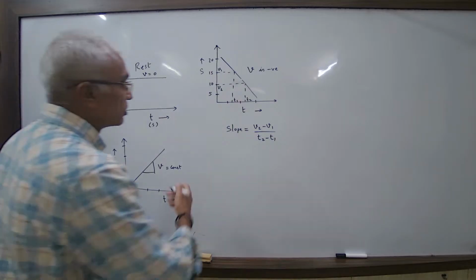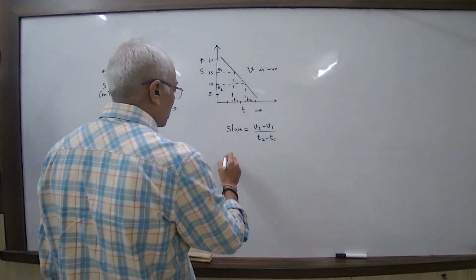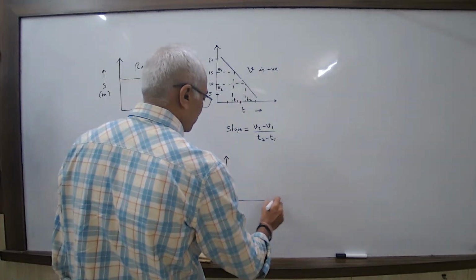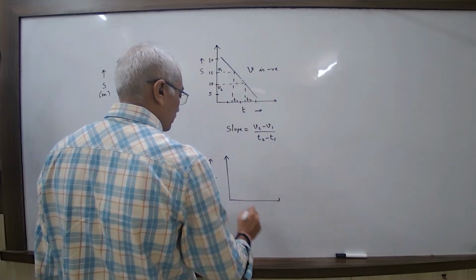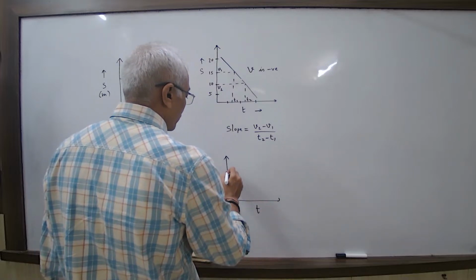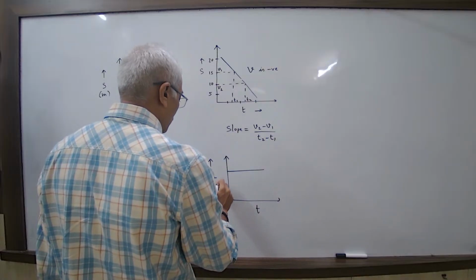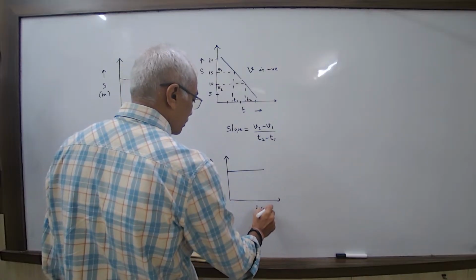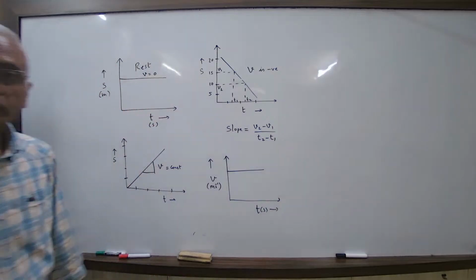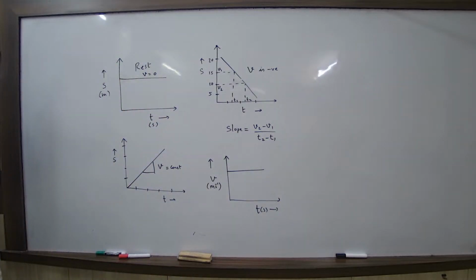Okay. So this is displacement time graph. Now let's do velocity time graph. What is this? What is the nature of motion here? No acceleration. You are saying uniform acceleration? No acceleration means what about V?